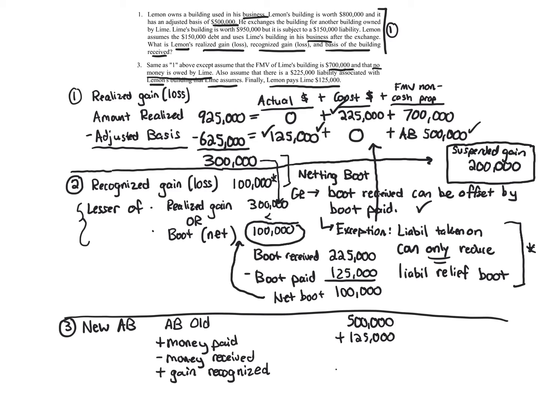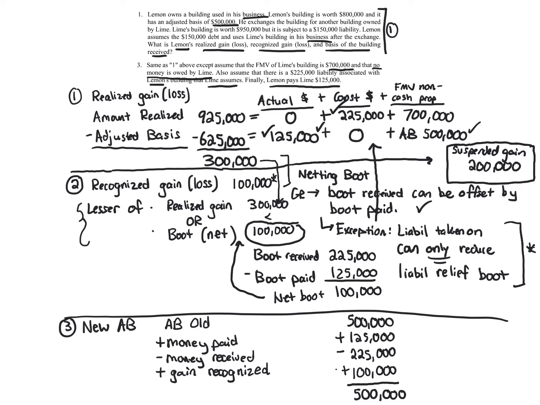There's no constructive money paid. Minus money received. We got $225,000 of constructive money received. There's no actual money received. Plus gain recognized. Gain recognized here is $100,000. It'd be minus loss recognized, but we do not have loss recognized, so we're not going to worry about that. So we go ahead and we calculate our basis. Our basis in the new is going to be $500,000.